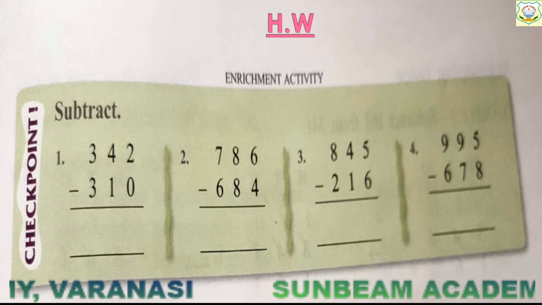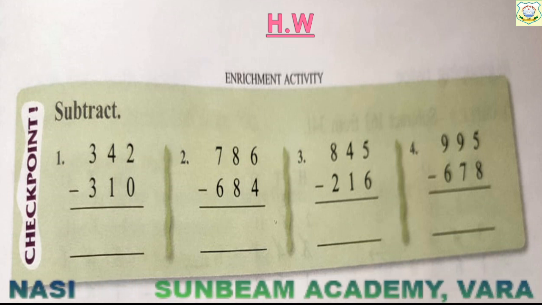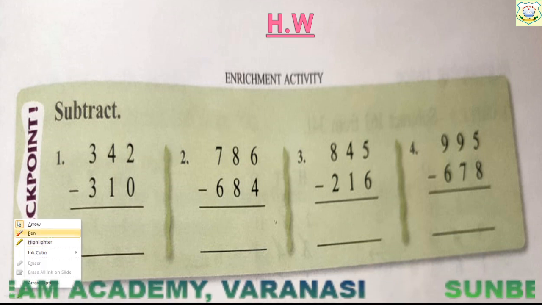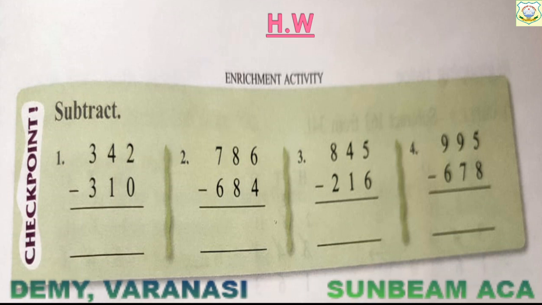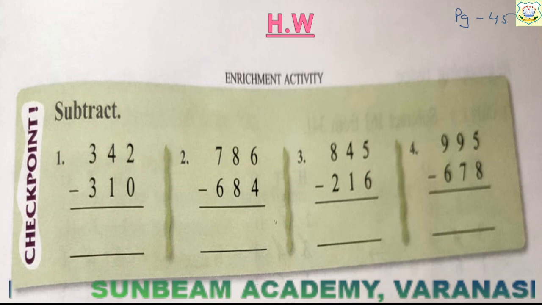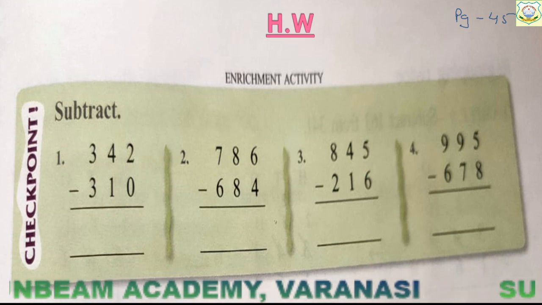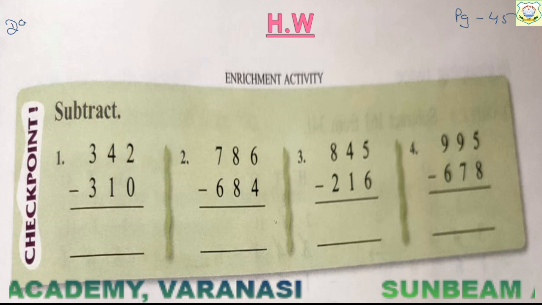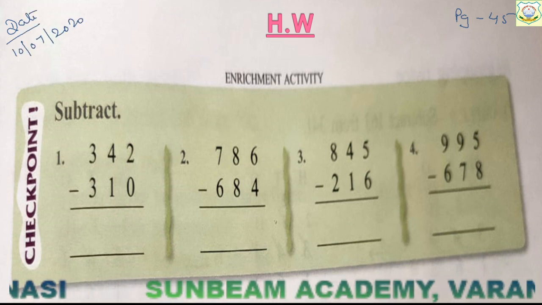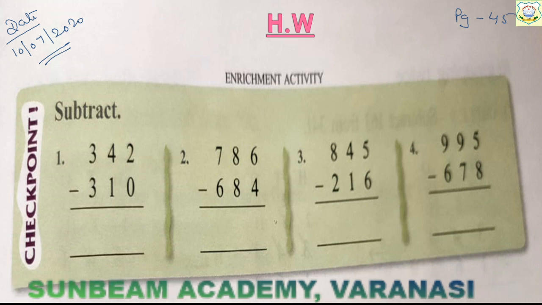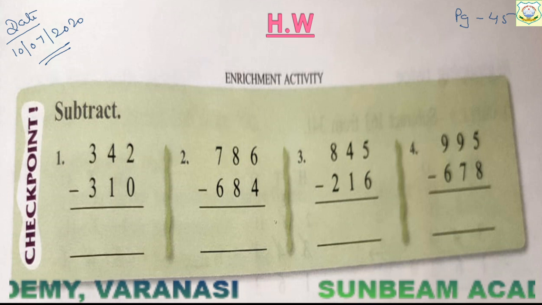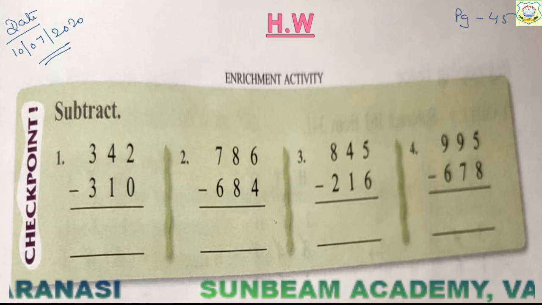Your today's homework is page number 45, checkpoint. So write down the date, that is 10/7/2020. It's your homework, so do it. Okay, this is your homework. Write it down in your book.